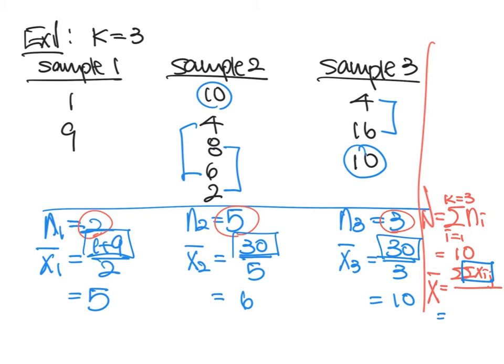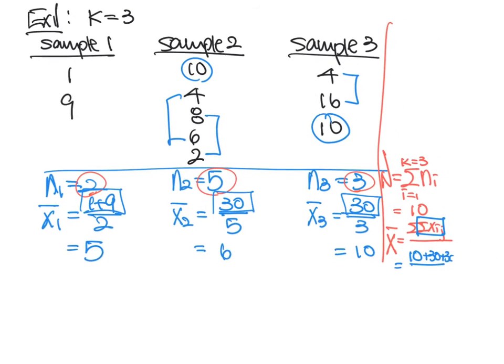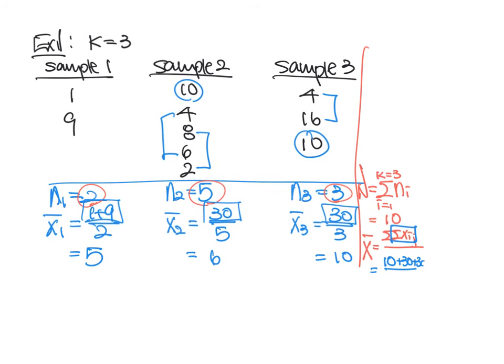So by the definition, let me take the sum of 10, 30, and 30, divided by 10. Now I can say 70 over 10 would be 7.